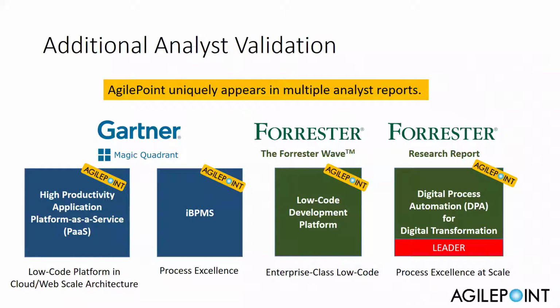And that's really one thing that AgilePoint is consistently recognized for, this ability to address wide ranges of use cases, ranging in scope, things like complexity, and again, all from a single platform.